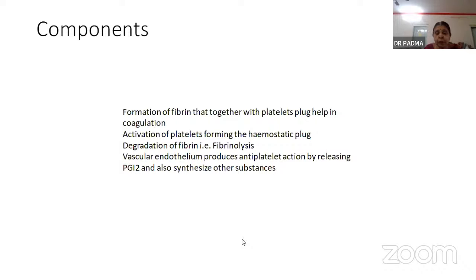Then the vascular endothelium also produces antiplatelet action by synthesizing PGI2, and the synthesis of other substances is also seen in the formation of the clot. So three important components: platelets, fibrin, as well as the coagulating mechanisms.